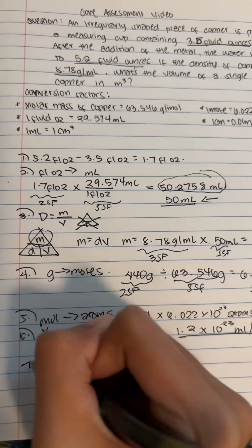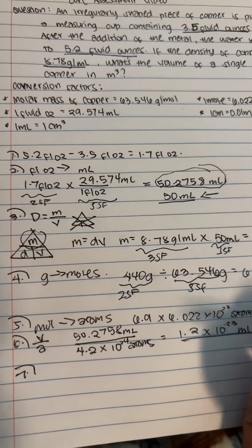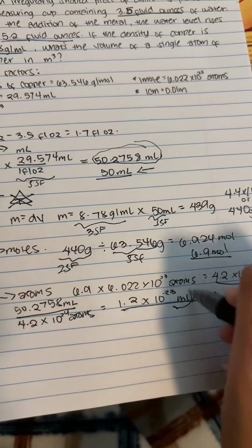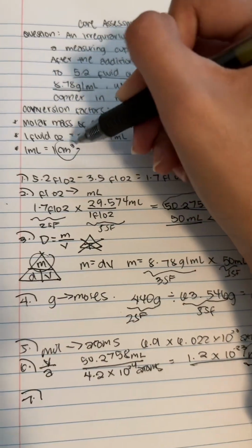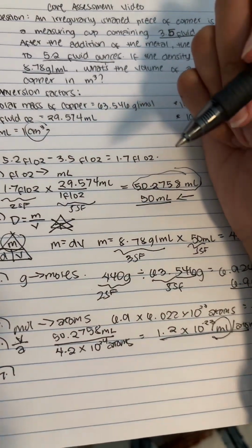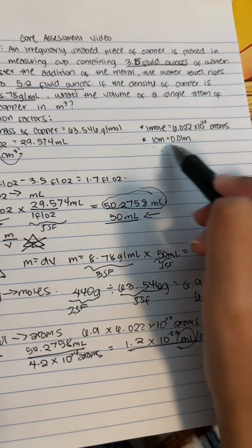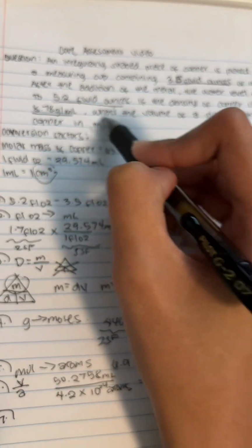Next, let us convert milliliters to cubic centimeters so we can get our cubic meter.